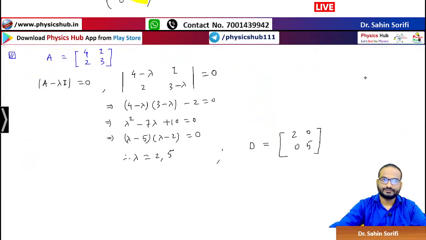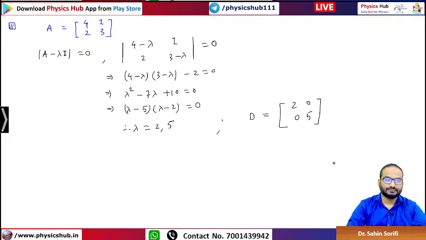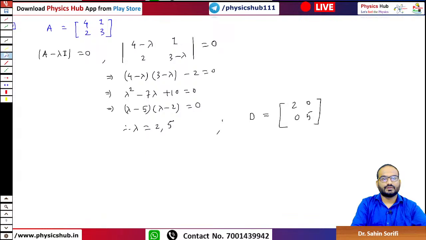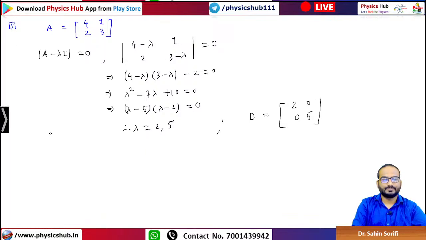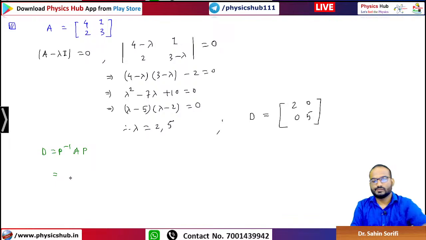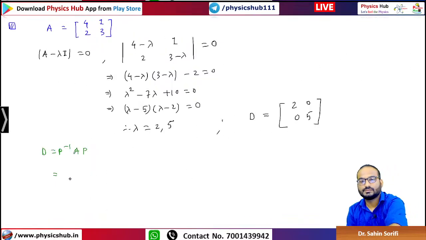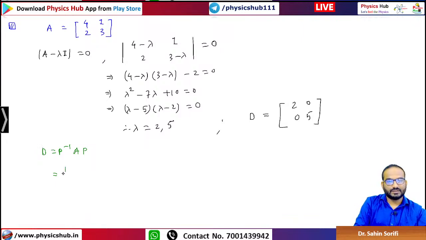So this is our expectation, that we will get it in this way. Now let's check it. D equals P inverse A P. I am just directly giving you this result. P inverse will be 1/3 times 1, 2, minus 1, plus 1. You can cross verify at home, or now also you can do it.